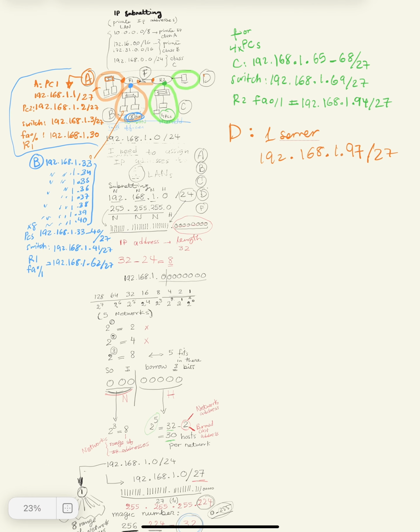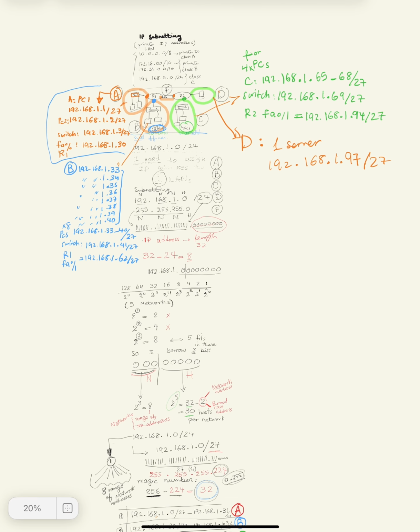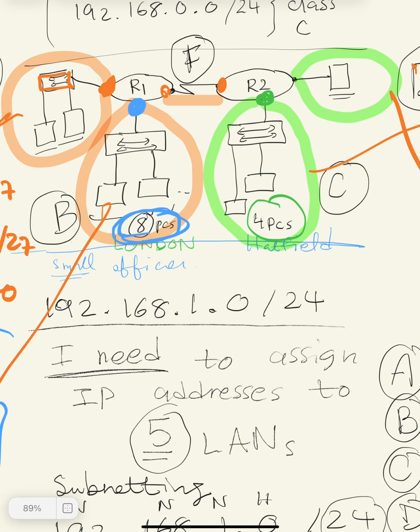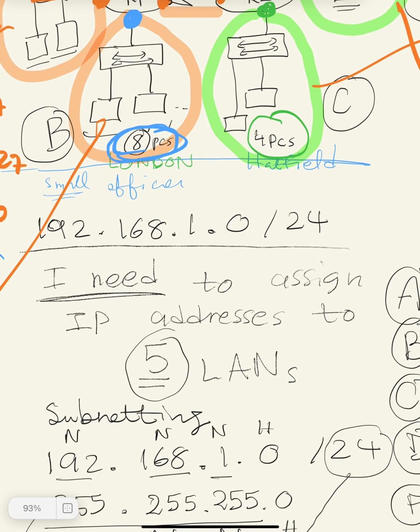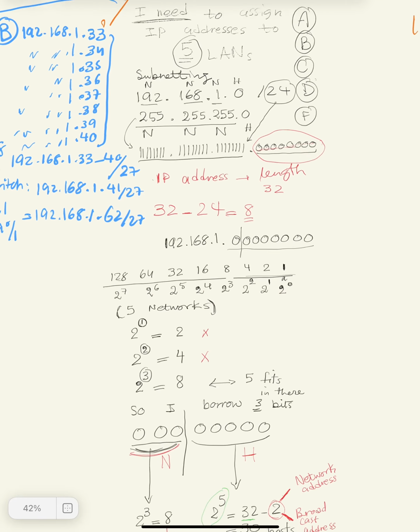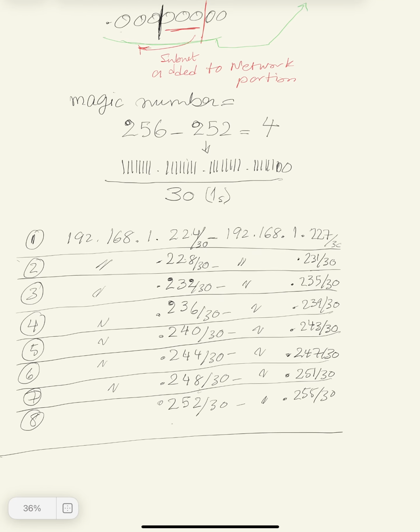So now this one is for here, this one is for there, and all the IP addresses are dedicated except the connection of those interfaces from R1 to R2, which are point to point. For point to point, let me see what we are going to do.